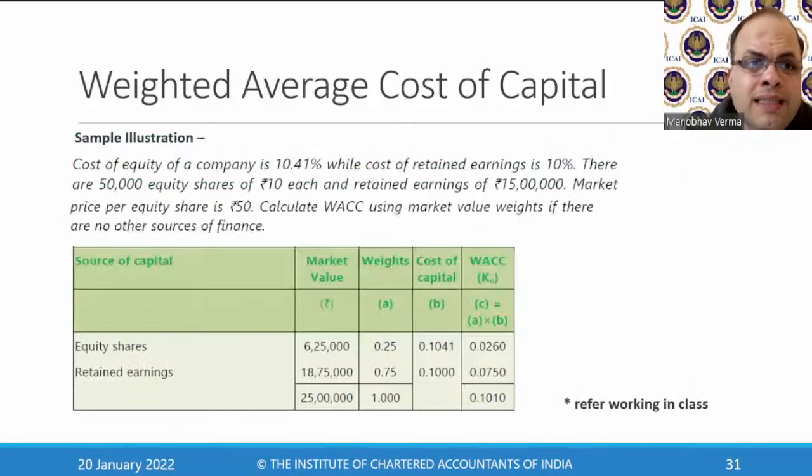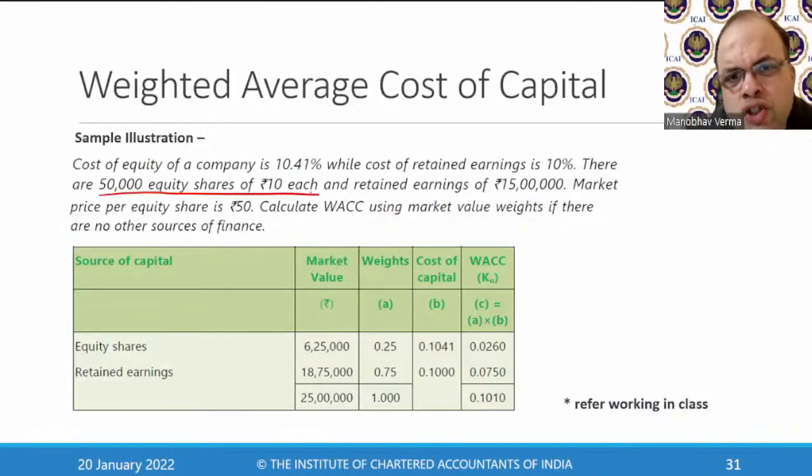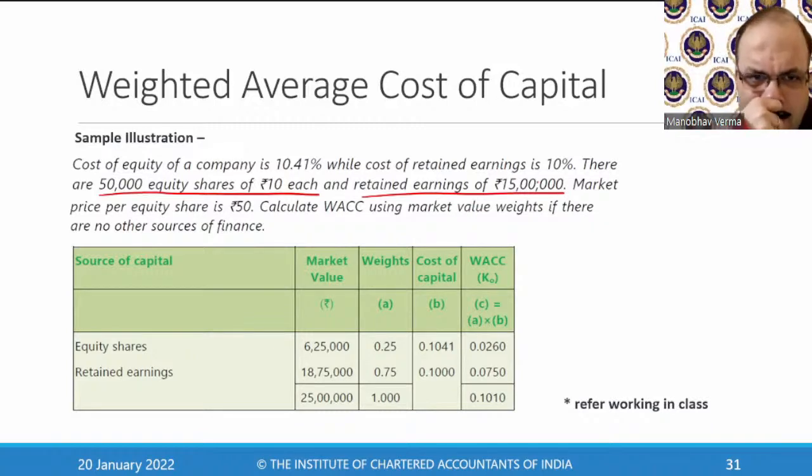So let's do a sample illustration here. The cost of equity of a company is given to us at 10.41%. The cost of retained earnings is 10%. There are 50,000 equity shares of 10 each, retained earnings of 15 lakhs, and the market price is given as 50.